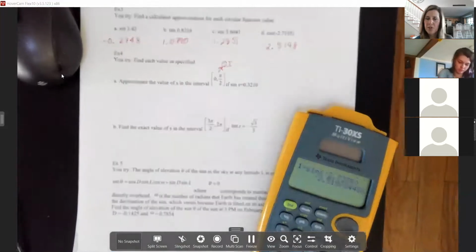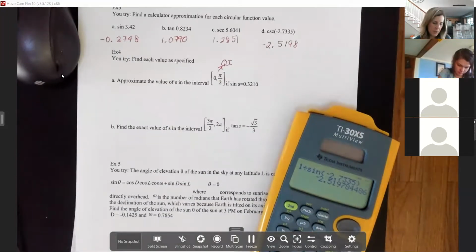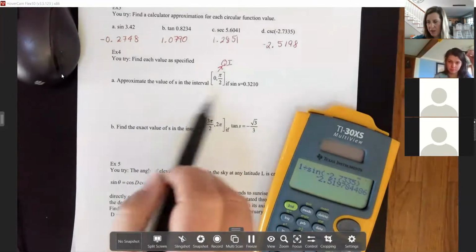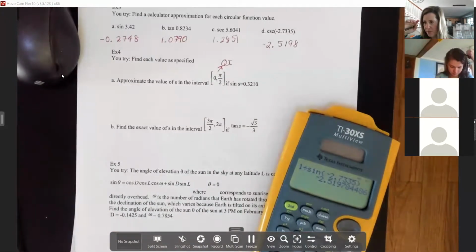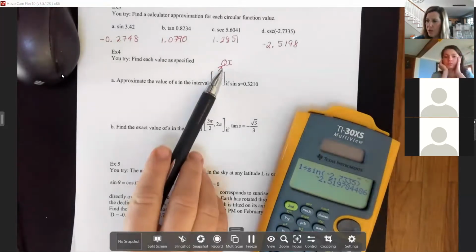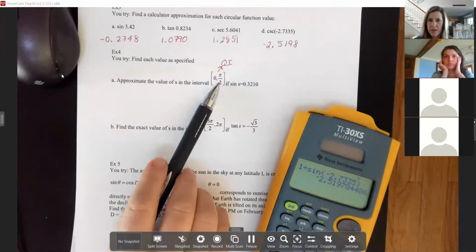The way you're going to think of it, that's just going to affect what is happening because of coterminal reference angles. But we're staying in quadrant 1.